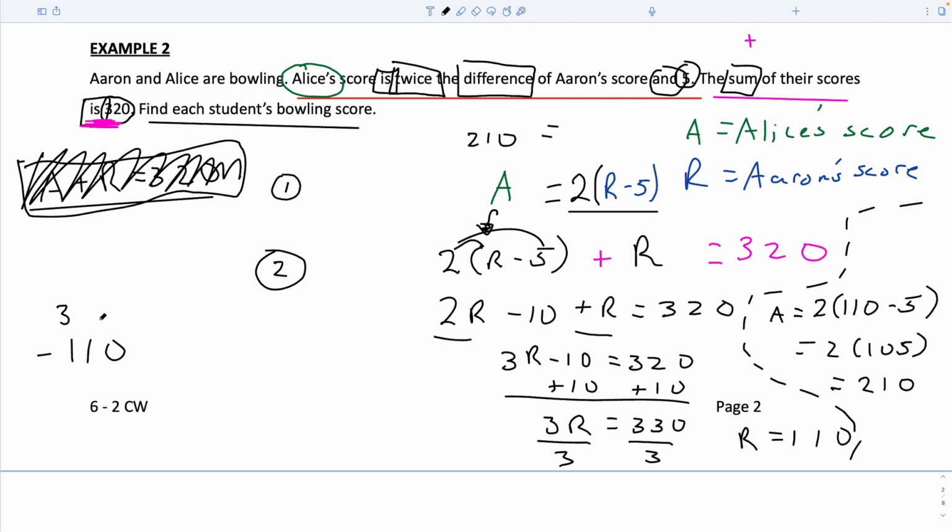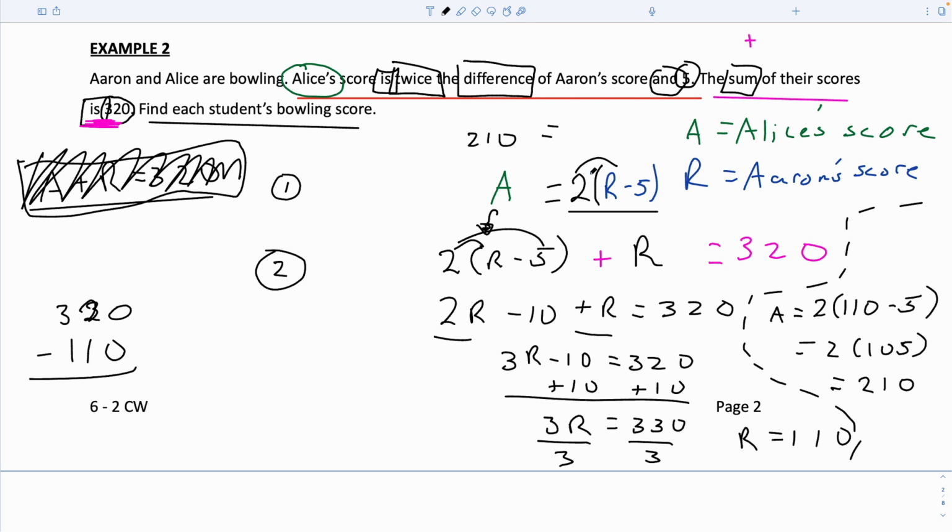If I didn't know Alice's score was 210, could I have done that? I got Alice's score by subtracting 110 from 320.